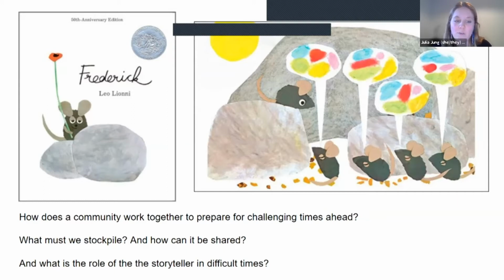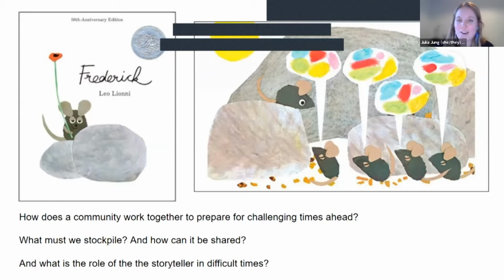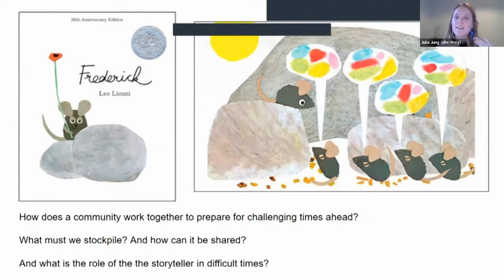And what is the role of the storyteller in these difficult times, to not only record what's happening and give those stories on to the next generation, but also to help motivate us for the future and to help us get over the winter emotionally. So that's why we think storytelling is really important, and is also a really good way of engaging with these really important things.